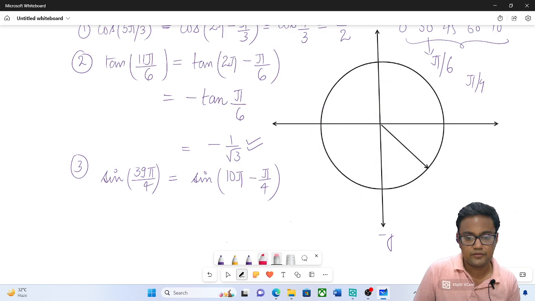We are in the fourth quadrant only. 10 pi हम यहीं पे पहुँचेंगे और पीछे रिवर्ट करेंगे, वापस से आ जाएंगे minus pi by 4 radians. So we are in the fourth quadrant, और we know that sin is negative in the fourth quadrant, sin pi by 4, and we quickly know the value of sin pi by 4. It is 1 by root 2, क्योंकि यहाँ पे negative है इसलिए negative 1 by root 2.